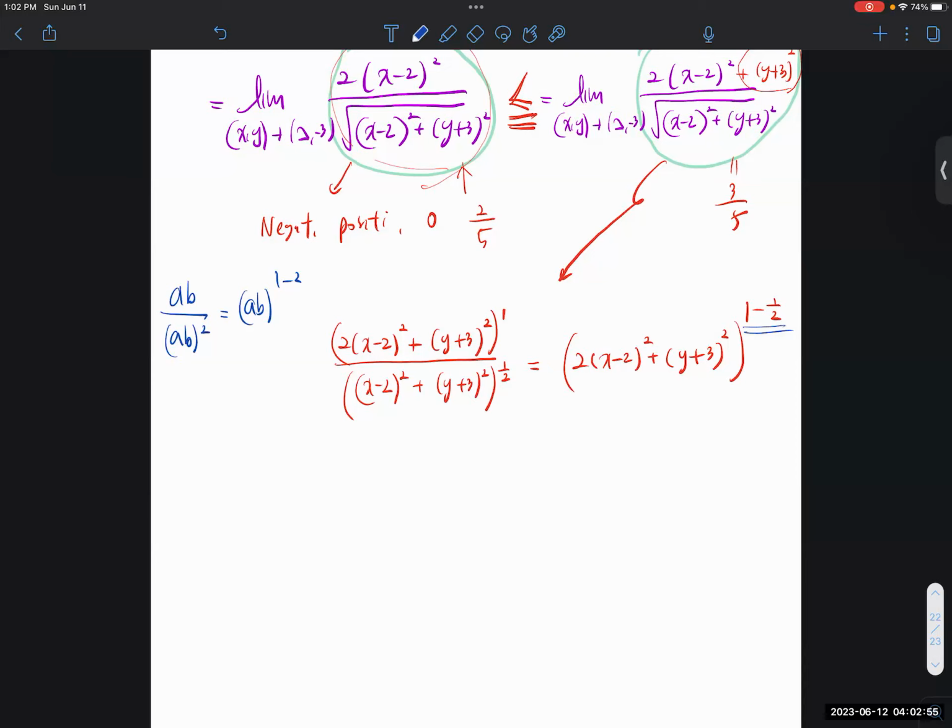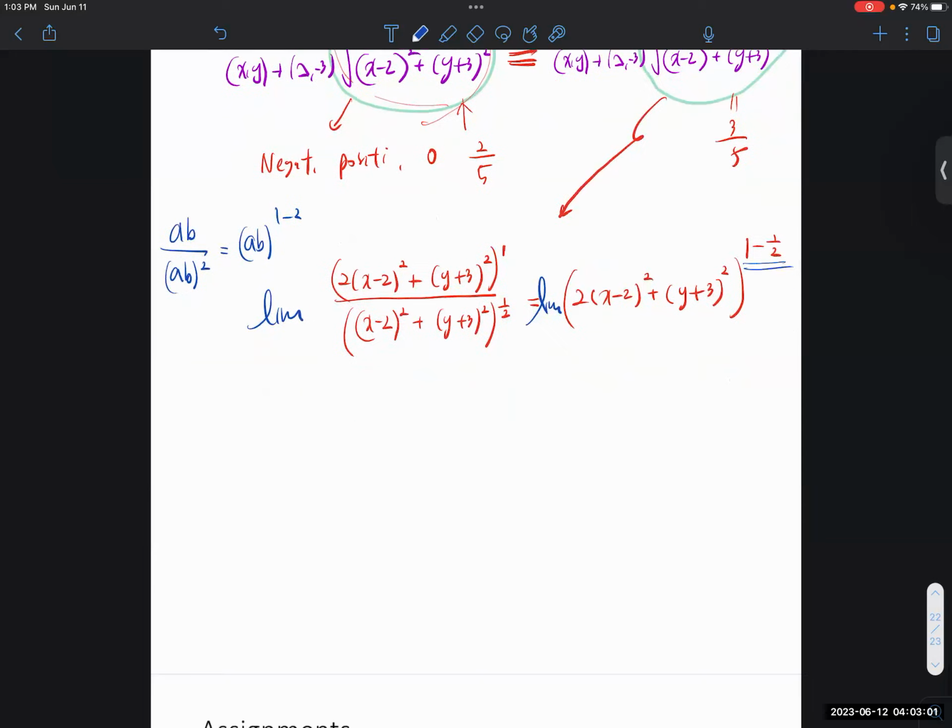So therefore, you can check. We are going to take the limit. If I solve it, this is positive. No matter what you're plugging in, because of the second power, it is going to be positive, isn't it?